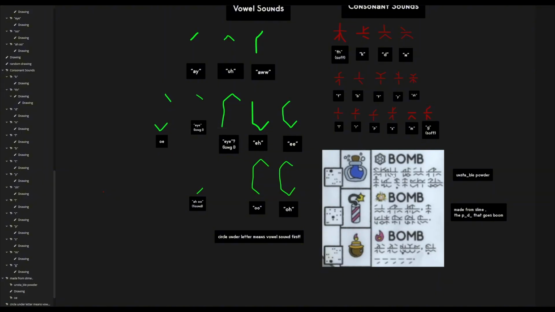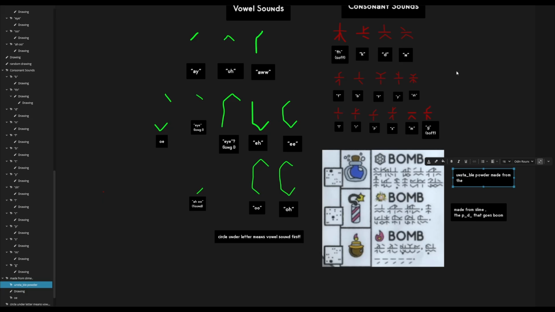Okay, can I go trace that back to anything else that I was just looking at? It's bottom caret and top right. All right, let's focus. Unstable powder. Made from, it's like a check mark.